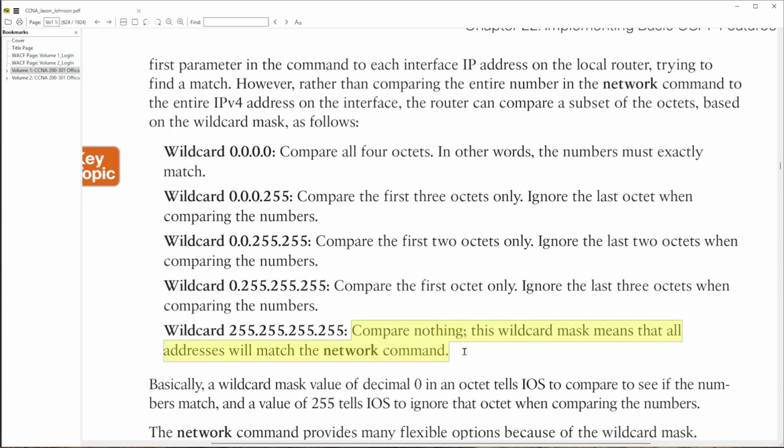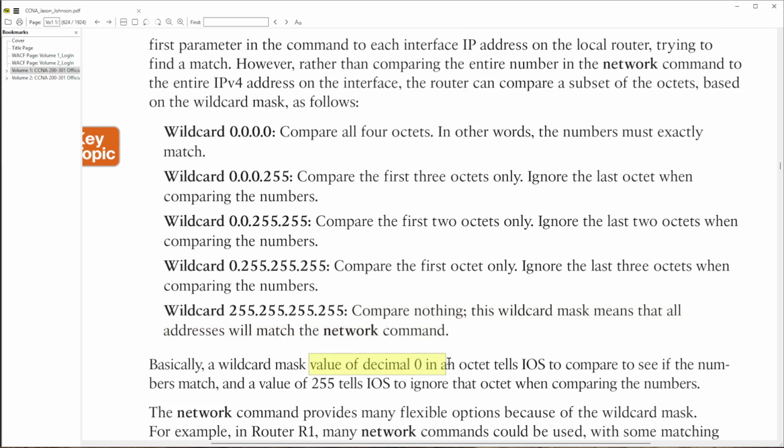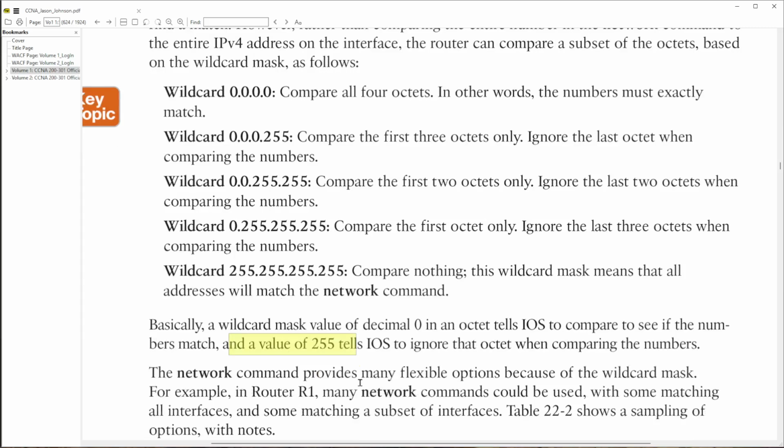Or not. It's a value of decimal 0. Why? So a value of 255 tells IOS to ignore that octet. Why? I guess that's my question. The network command provides many flexible options because of the wildcard mask.